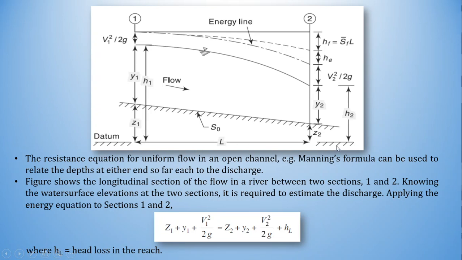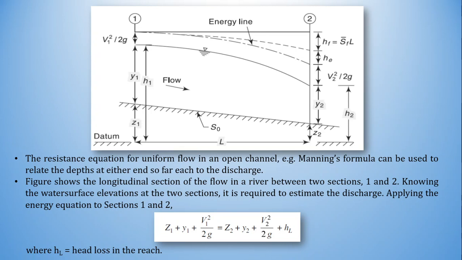This bottom represents the datum, and this vertical line is section 1, and this is section 2, separated by distance L. This is the datum Z1 for section 1, Z2 for section 2, and Y1, Y2 represent the height of the water surface.